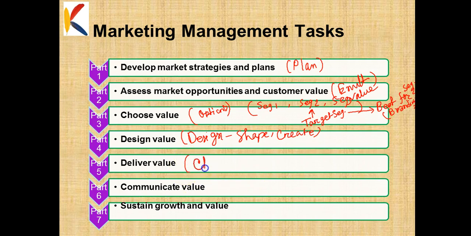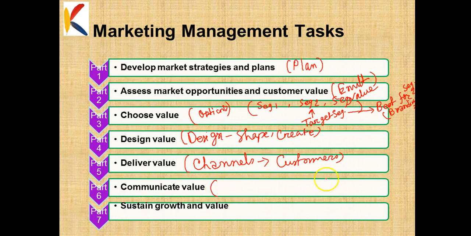For that we use the channels: marketing channels, service channels, distribution channels. We use them so that the value reaches the customers.